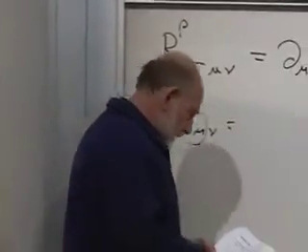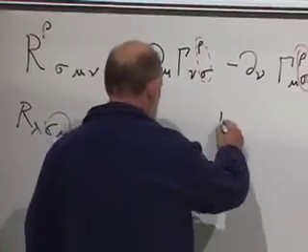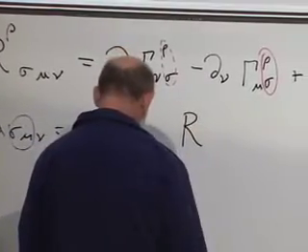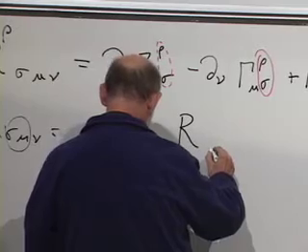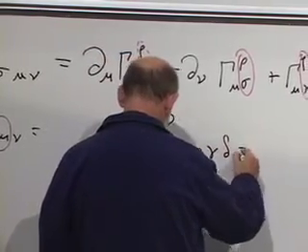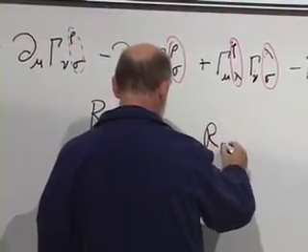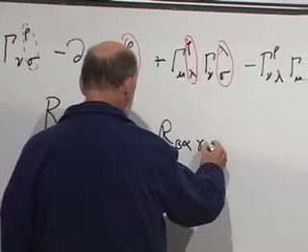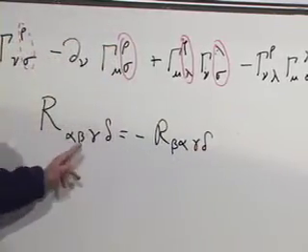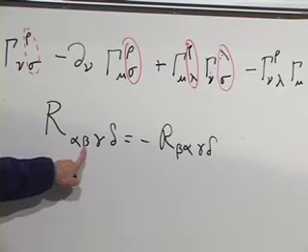I'm going to write down the symmetries. I hope I have them right. First of all, it's antisymmetric with respect to interchange of alpha and beta.